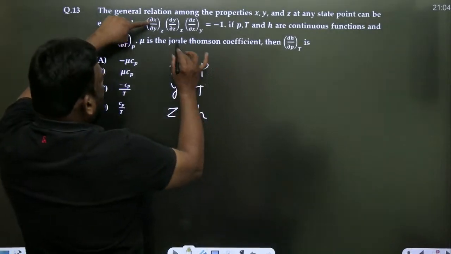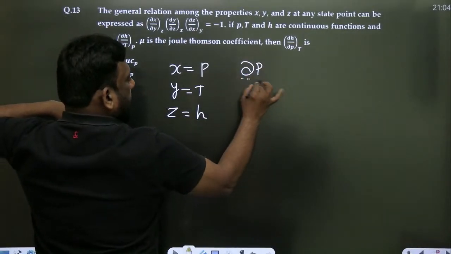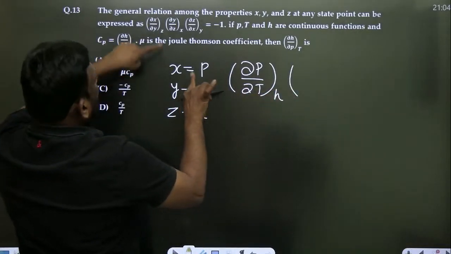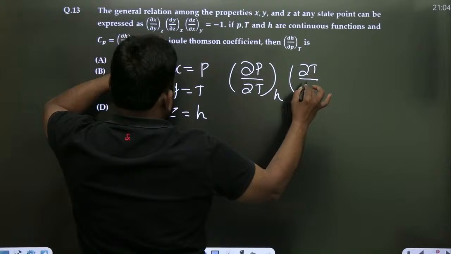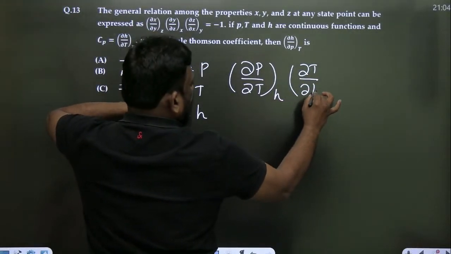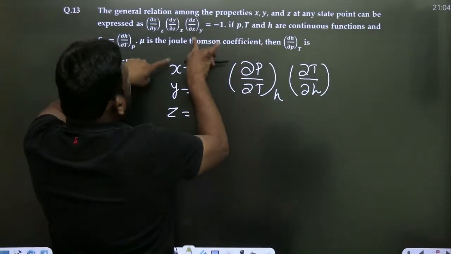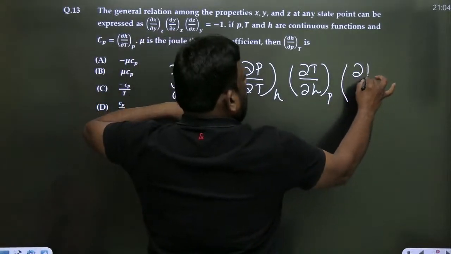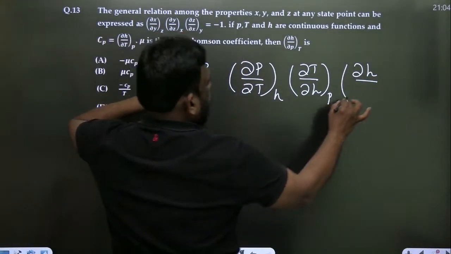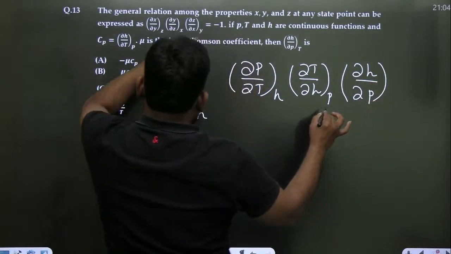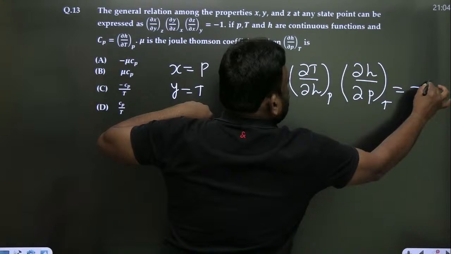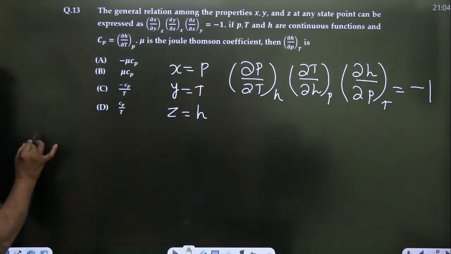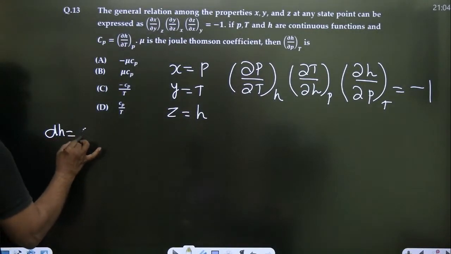Can I write this as dou x by dou y at constant z, into dou y by dou z at constant x, which means p, into dou z by dou x, which is dou p, at constant y, which means t, and this is equal to -1.